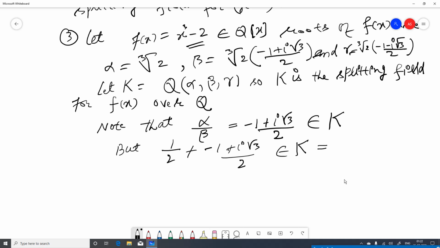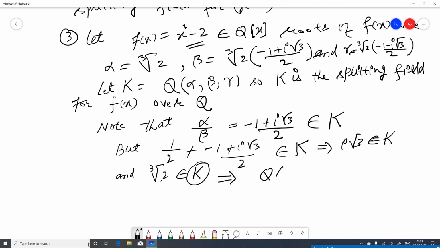This is nothing but i square root 3. So i square root 3 is in K, and this cube root of 2 is also in K. So this means the field generated by i square root 3 and cube root of 2 is a subfield of K. It is contained in K.